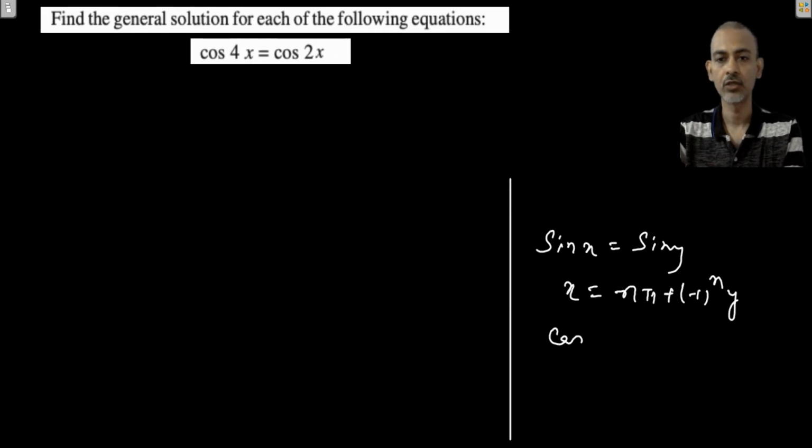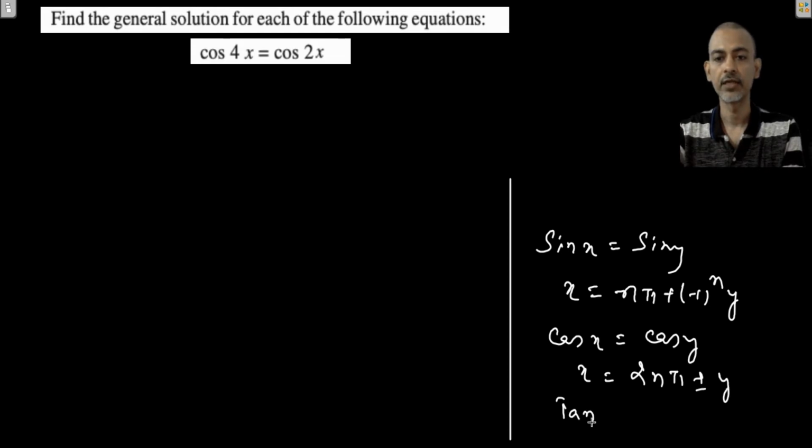When cos x equals cos y, then x becomes 2n pi plus minus y. And the third one is when tan x equals tan y, then x becomes n pi plus y.